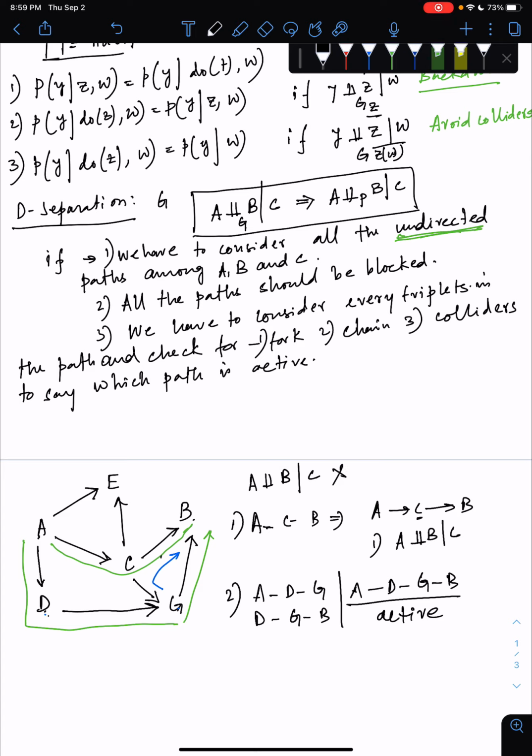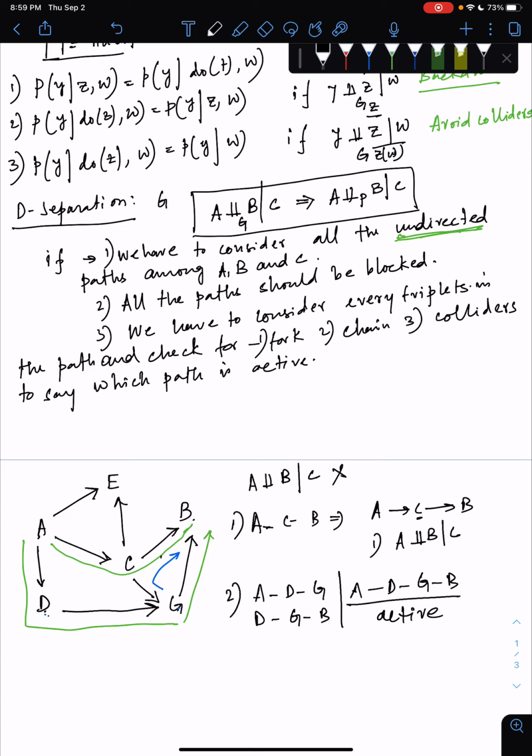Now how can we d-separate A and B? What extra nodes can we include after this conditioning bar to make these two variables conditionally independent?